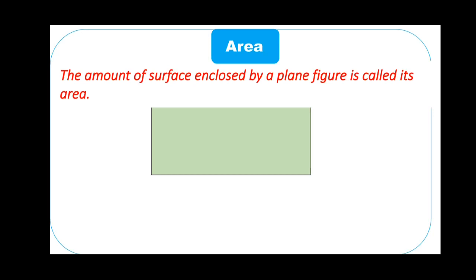We know that the amount of surface enclosed by a plane figure is area, and since the plane figure has rectangular shape with length 30 cm and breadth 21 cm, the area of the plane figure can be found by using the formula length into breadth, which is the formula for finding area of rectangle.